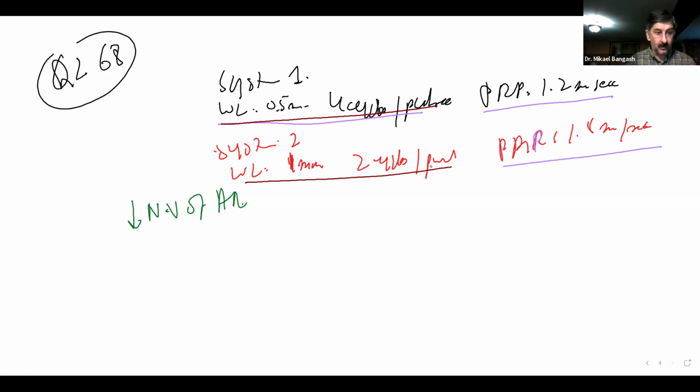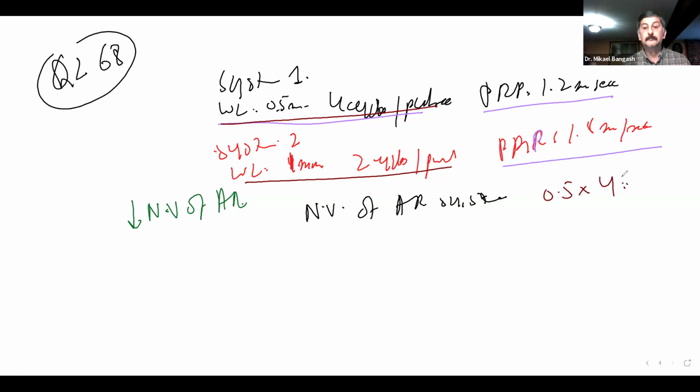So what remains is the numerical value of axial resolution for system 1. It would be 0.5 multiplied by 4, which gives us a spatial pulse length of 2 millimeters, which then is halved, and we have a numerical value of 1 millimeter.